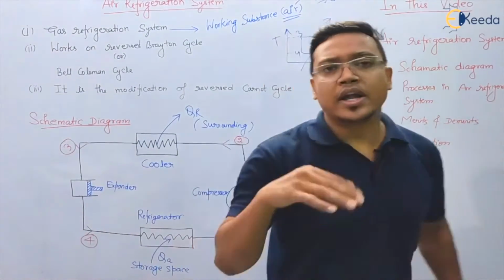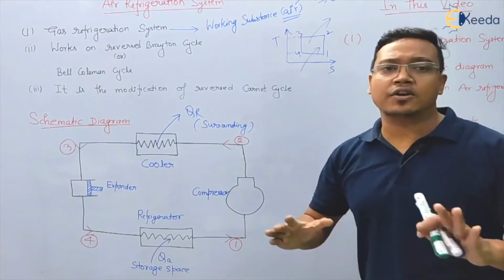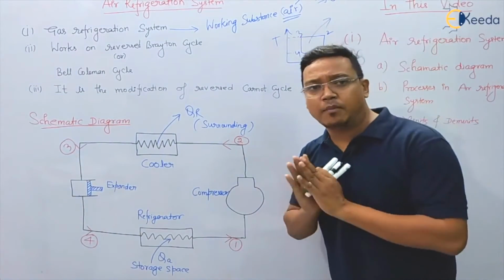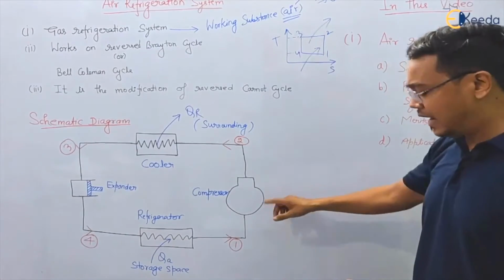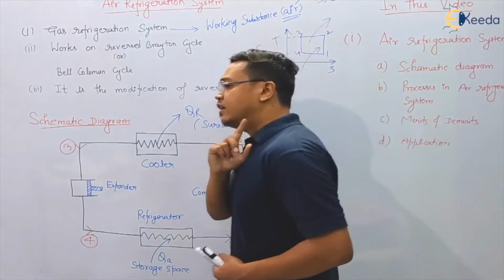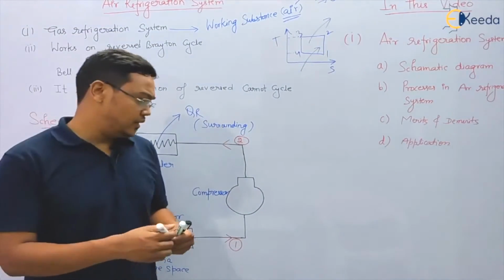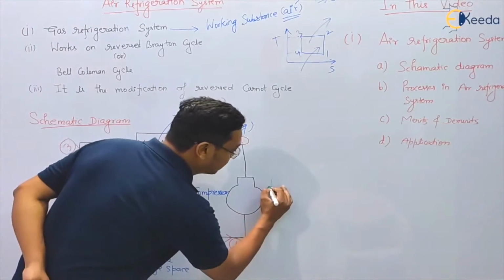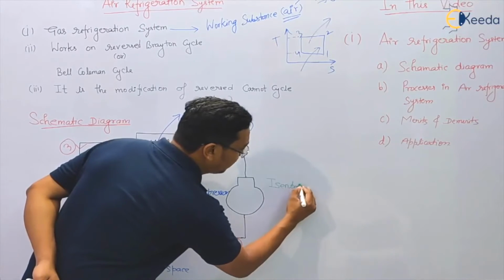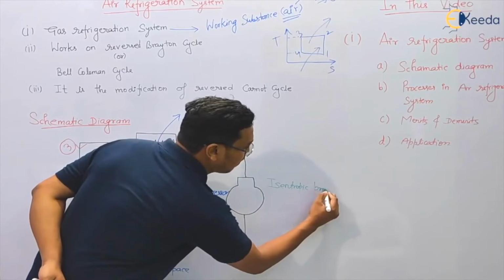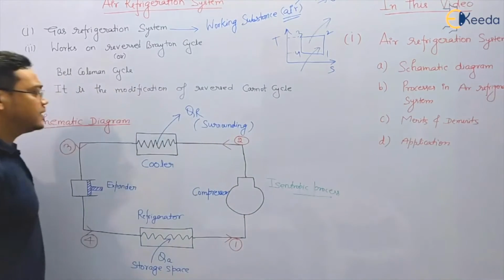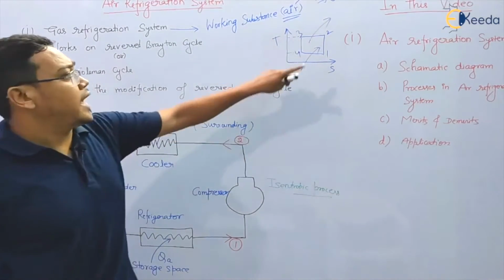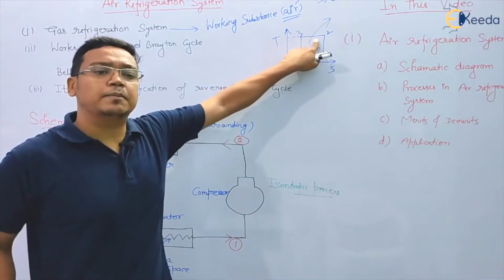Now, what are the processes in reverse Brayton cycle? I will write here, but you will see on TS and PV diagram also. In the compressor, the process is reversible adiabatic process or isentropic process. Okay friends, in reverse Carnot cycle, heat transfer was taking place at constant temperature.